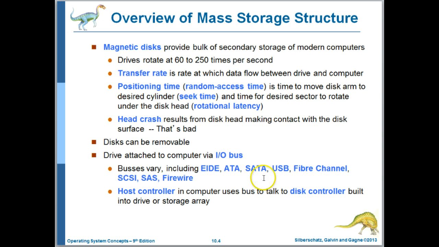Servers will typically use fiber channel or SCSI or serial attached SCSI. EIDE is old, as is ATA. Disk drives have control circuitry on the disk drive that communicates with control circuitry on the host computer.